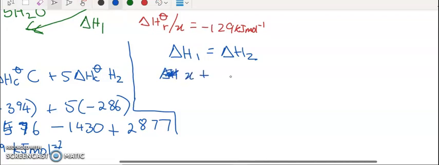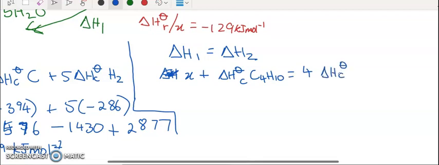X plus standard enthalpy of combustion of butane is equal to 4 lots of delta Hc of carbon plus 5 lots of delta Hc of H2. Okay. So now we know what this X is.